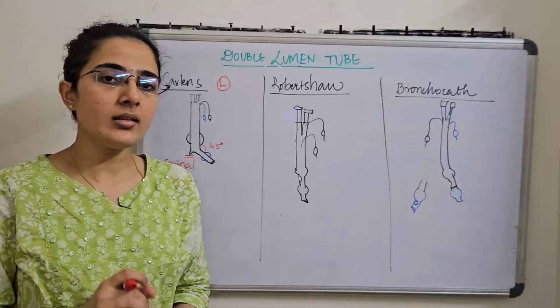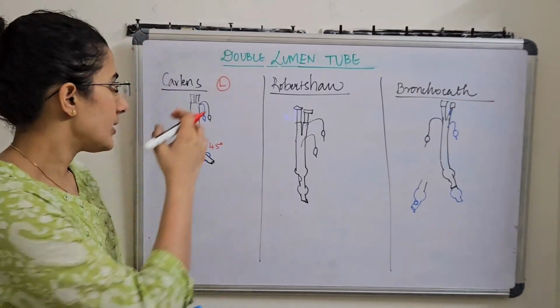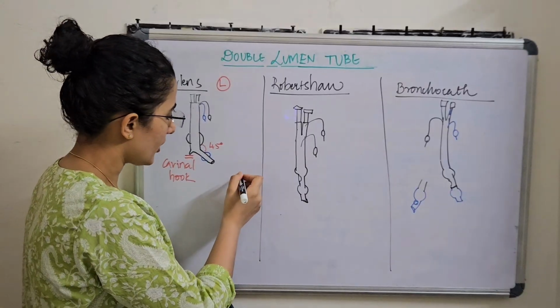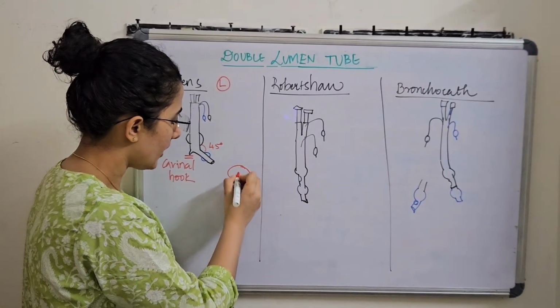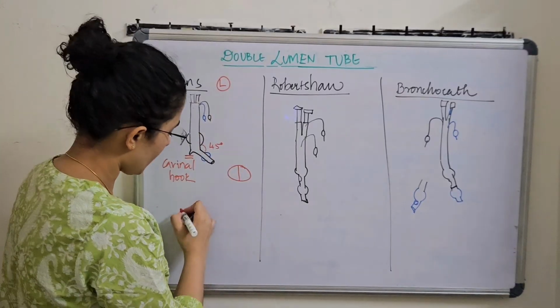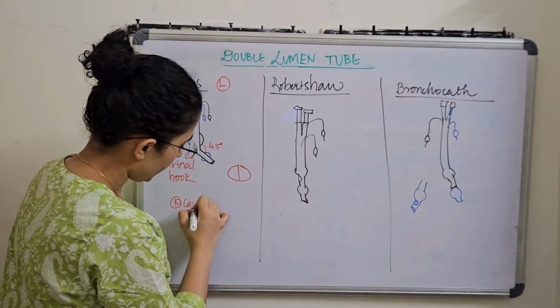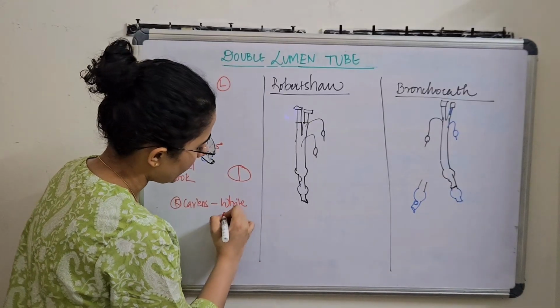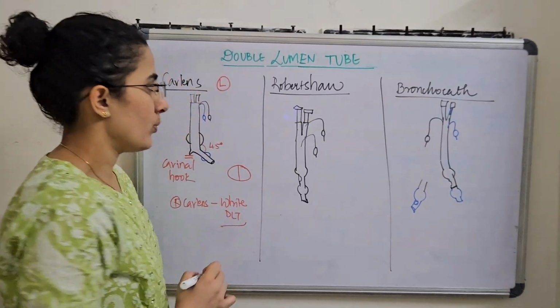This is a left-sided tube. The Carlen's tube basically had a cross-section in the form of an ellipsoid, with a septum. But a right-sided version of it, often called the right-sided Carlen's tube version, is also called the White's double lumen tube.